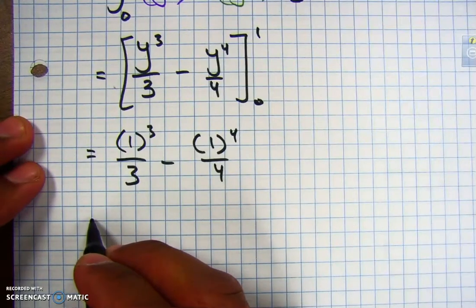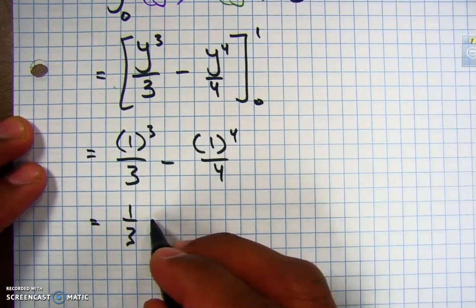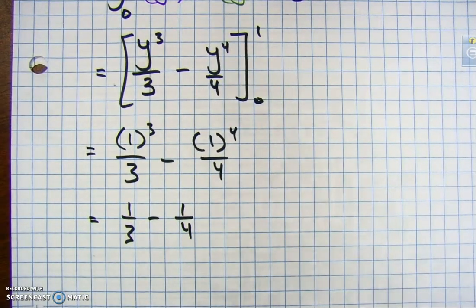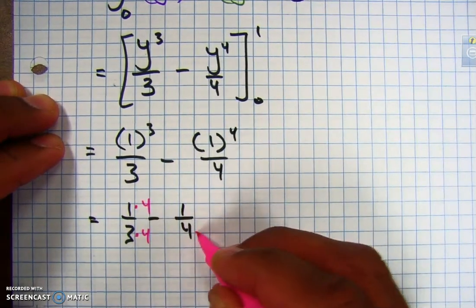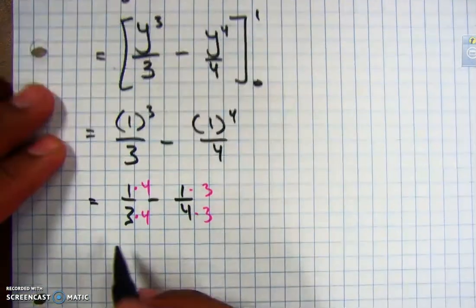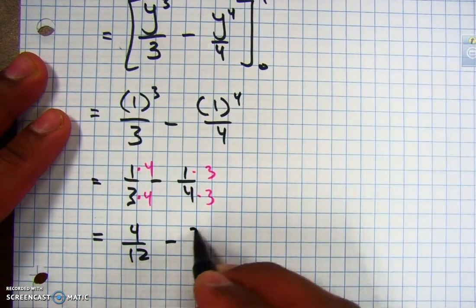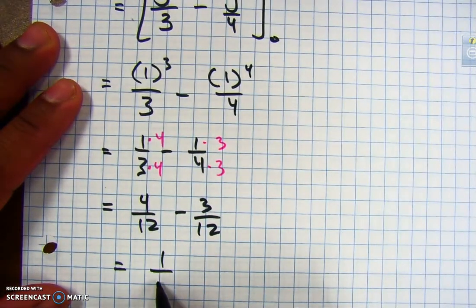We still need common denominators, so multiply by 4 over 4 and 3 over 3, to finally get 4 over 12 minus 3 over 12, which happens to be the same 1 over 12.